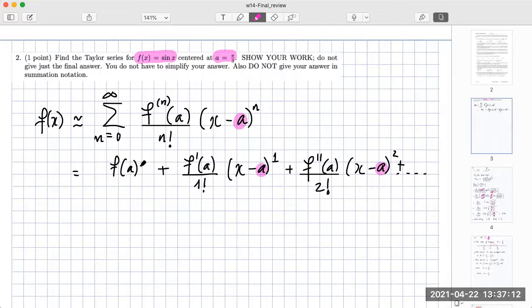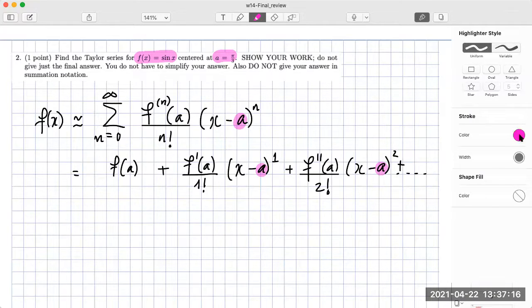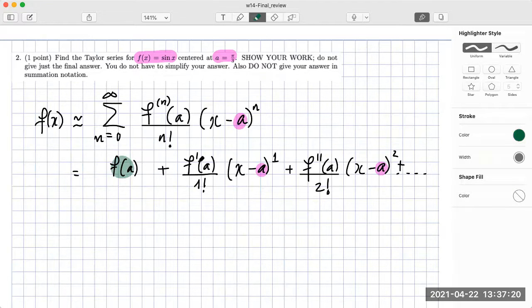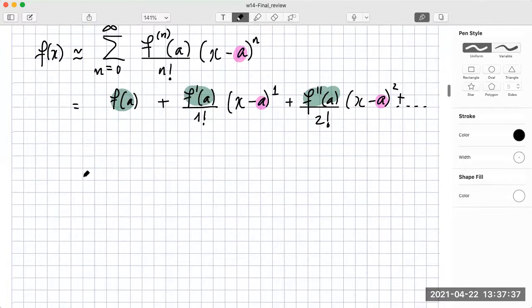Therefore, we can find the evaluation of the function at that point, as well as the first derivative, the second derivative, etc. So we know what to do. Now, let us find the general forms of the derivatives first. It is easier if we use a table to find the derivatives.